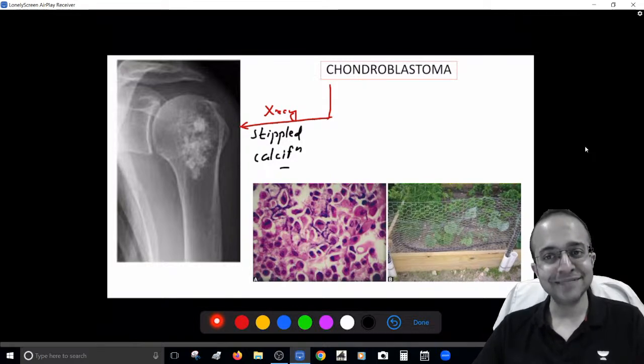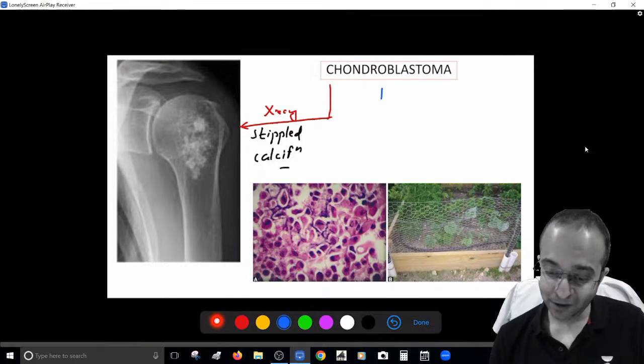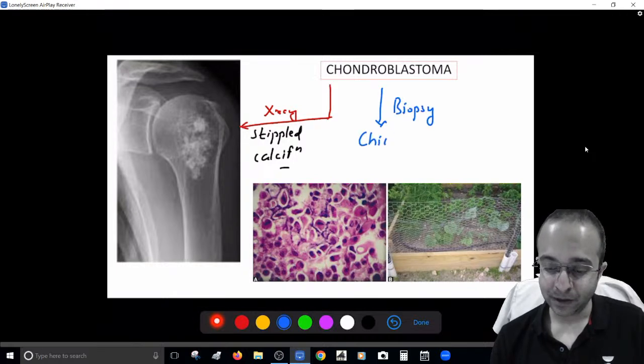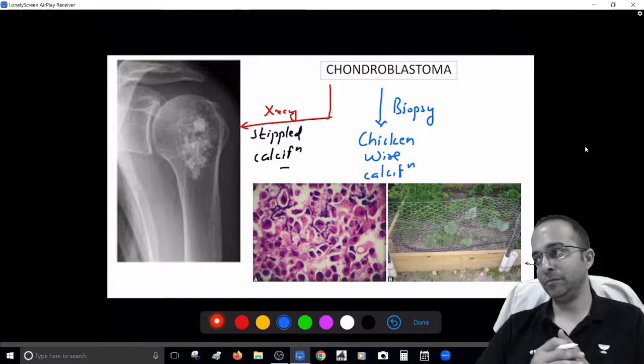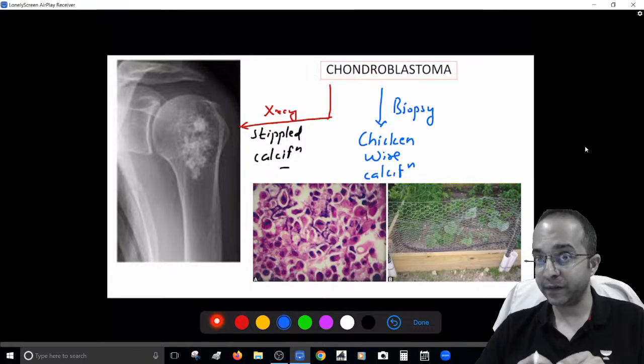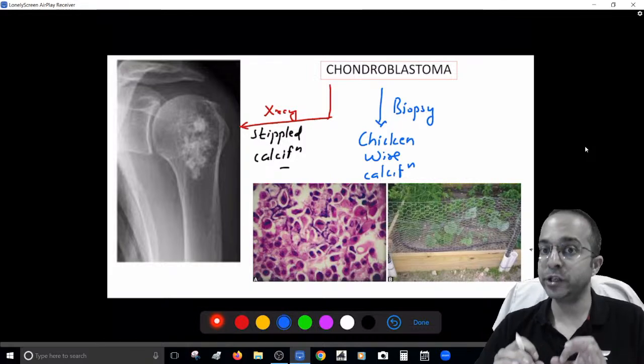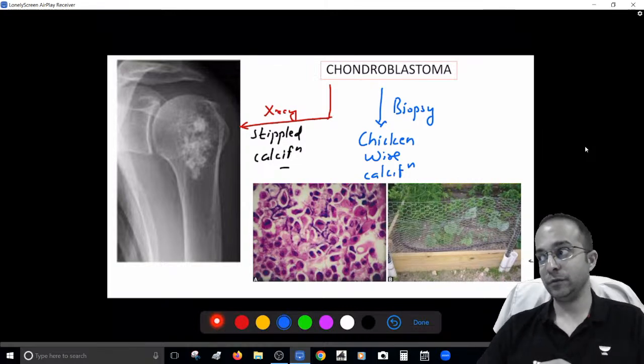Clear? And yes, in chondroblastoma, even on the biopsy you see this calcification, but ये जो biopsy पे तुम calcification देख रहे हो, this is called a chicken wire calcification. So Shruti, it's not called a picket fence calcification, it's exactly called a chicken wire calcification. A picket fence appearance is different.